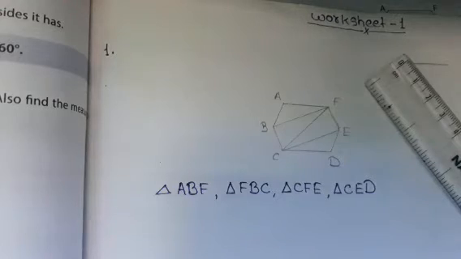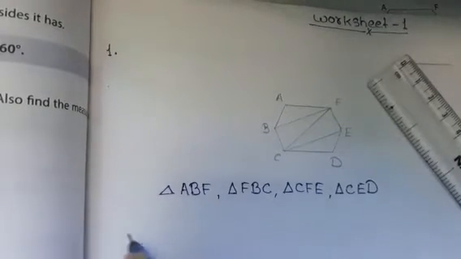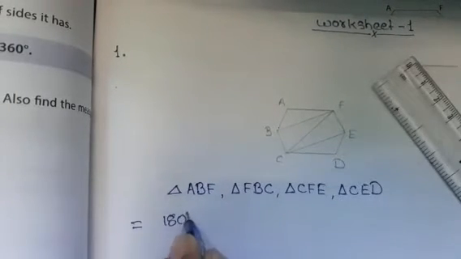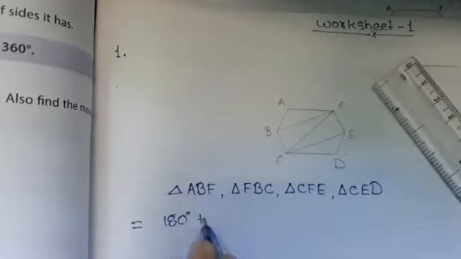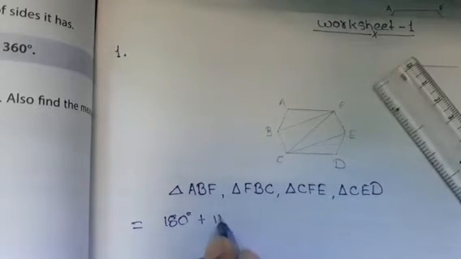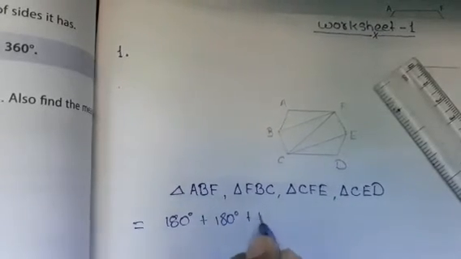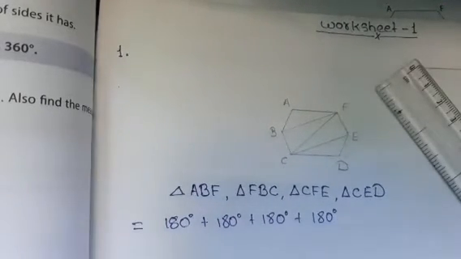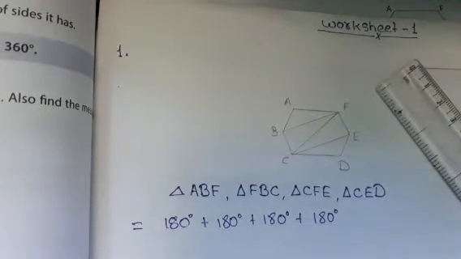As we know that the sum of the interior angles of a triangle is 180 degrees. So we have here 180 degrees plus 180 degrees plus 180 degrees plus 180 degrees, because here are 4 triangles and all triangles have a total of 180 degrees.